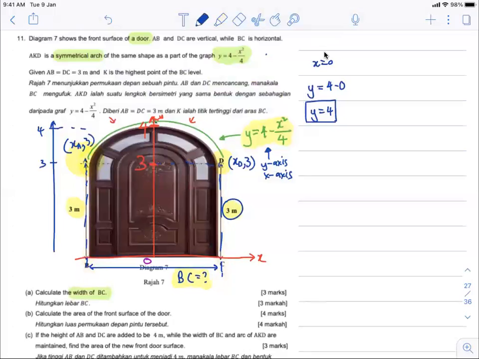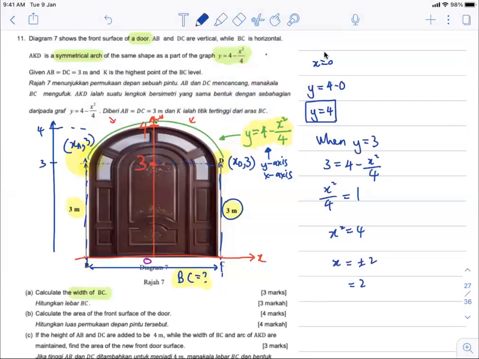So in order to find XA and XD, we can substitute 3 into the equation. When y is equal to 3, 3 is equal to 4 minus x squared over 4. X squared over 4 equal to 1. X squared equal to 4. X equal to plus minus 2.